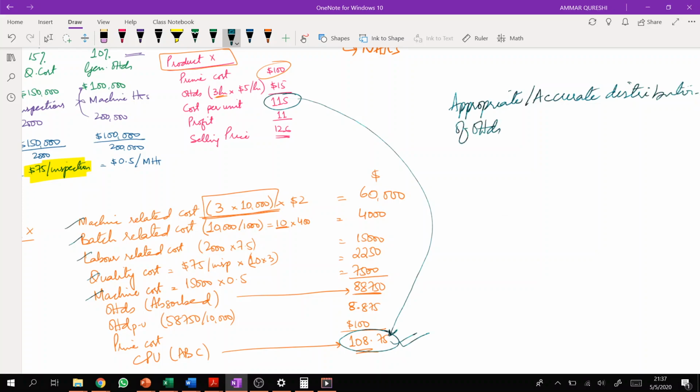Why? Because in activity based costing we use multiple cost drivers. Cost drivers are the activity levels.